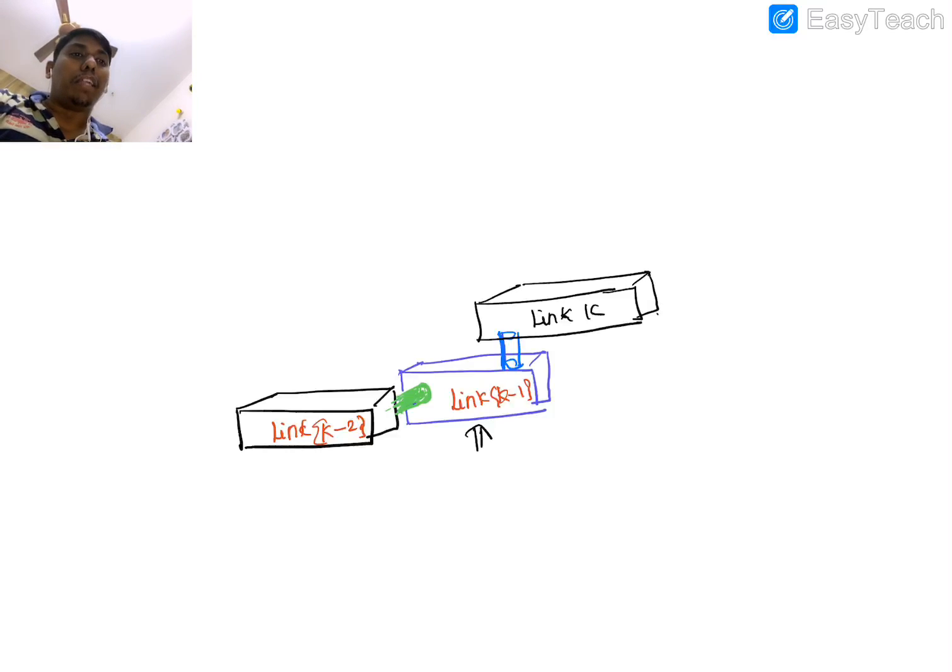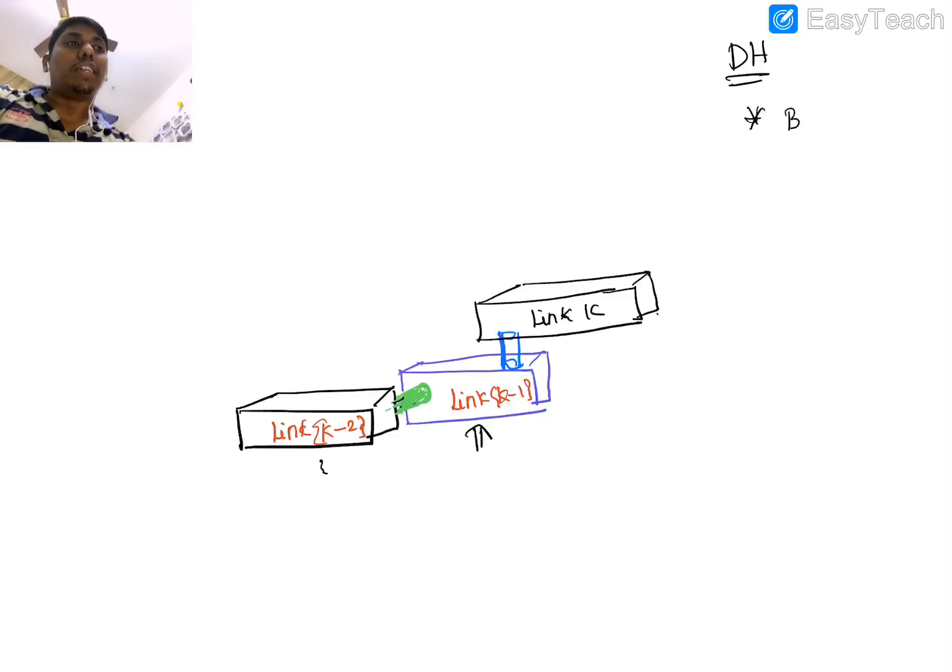Link k-1 is associated with k-2 and k, and as per the Denavit-Hartenberg representation, there are several assumptions. One assumption is binary links: all the links are binary links. You can see that this is one of the binary links, and this link has two joints.